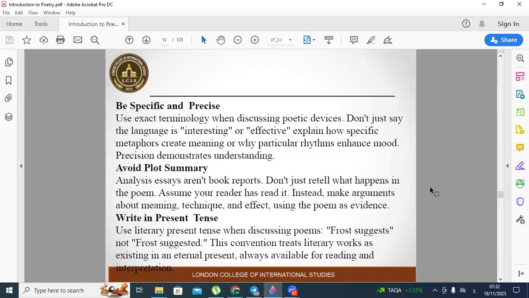Fourth, organize logically, with each paragraph building toward your overall argument. Use transitions between paragraphs. Fifth, develop your own ideas. Do not just repeat what class discussion covered. Strong essays demonstrate original thinking supported by textual evidence.